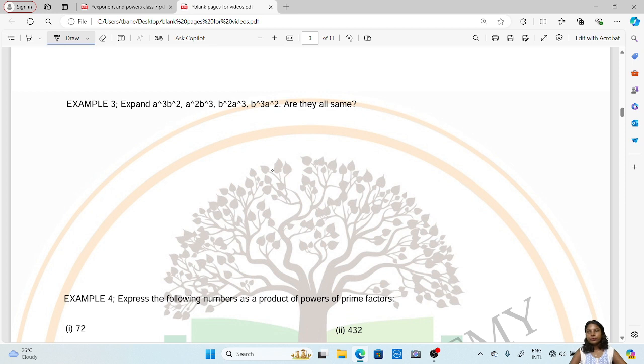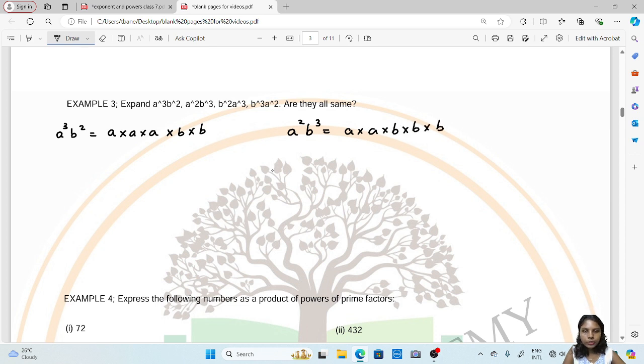Now see, over here we have different combinations. So let's look at the first one: a raised to 3 and b raised to 2. Let's directly expand it. So it is a into a into a into b into b. Then we have another one, a squared and b cubed. In this case it is a into a into b into b into b.